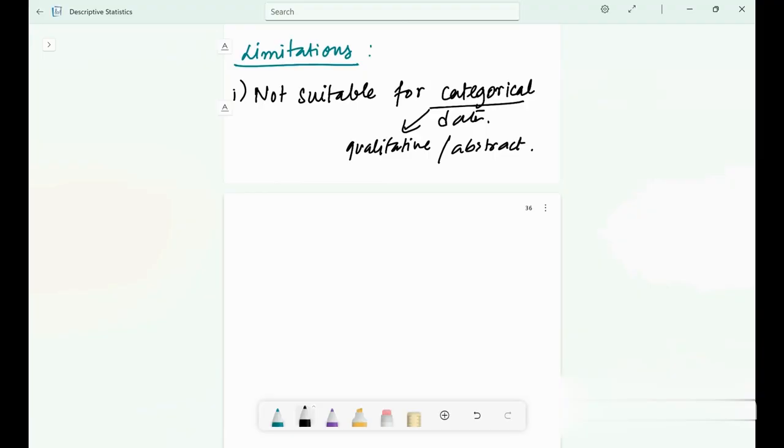There are also, I think, 2, 3 more limitations. Let's say, it can be misleading if the scale is not mentioned or not uniform.